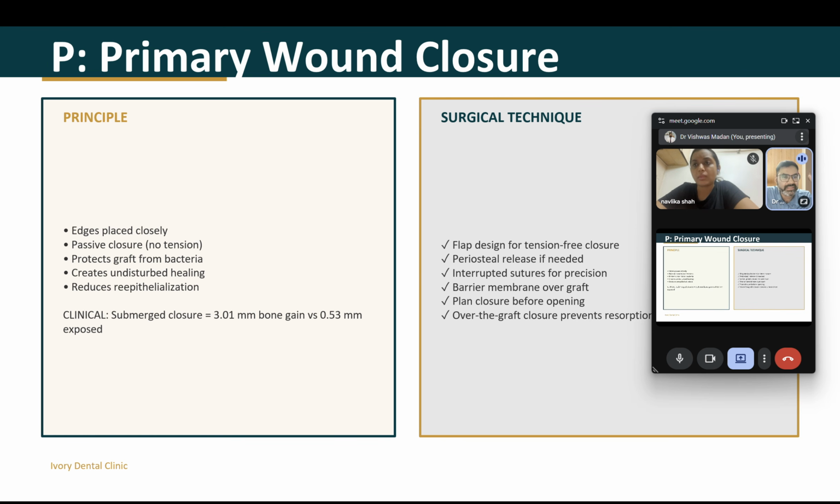So remember this topic over there, that why we are cutting the internal layer of the flap, because we want to achieve passive closure, tension free closure, and how we are going to suture it well. That suturing also will teach you how to do double layer closure. That is for primary wound closure. Okay. There is a reason why we will do different kind of suturing in that case and not in our regular implant cases where there is no requirement.